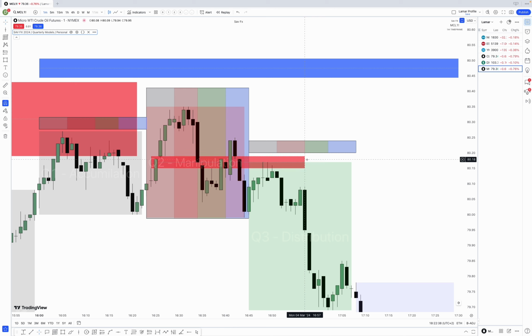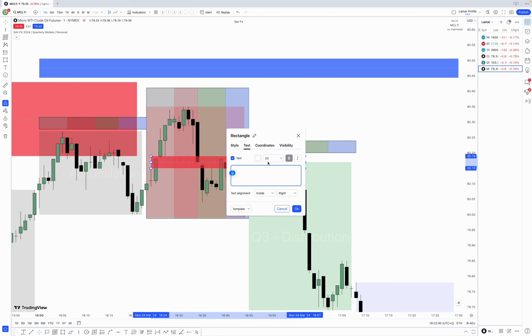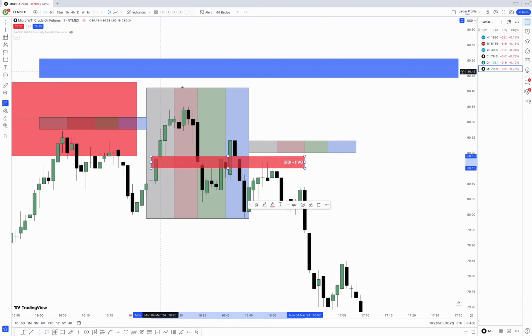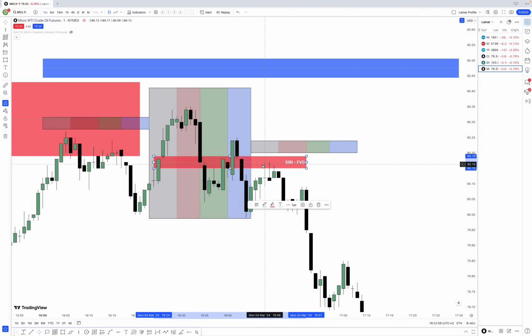We have a bearish fair value gap. If I hide all this, see, in Q1 price draws back to the range within Q1, reacts off Q1, then distributes lower.